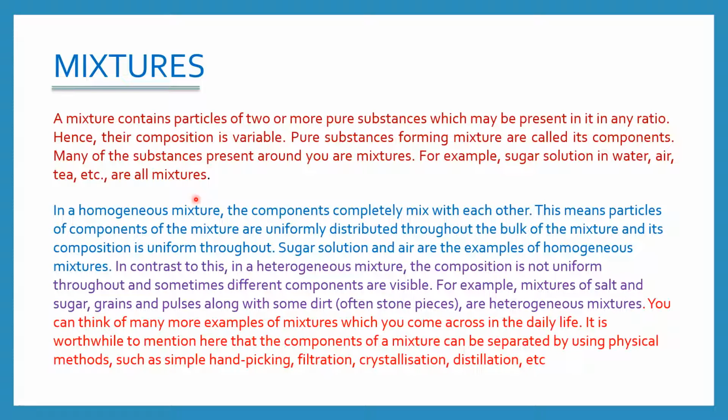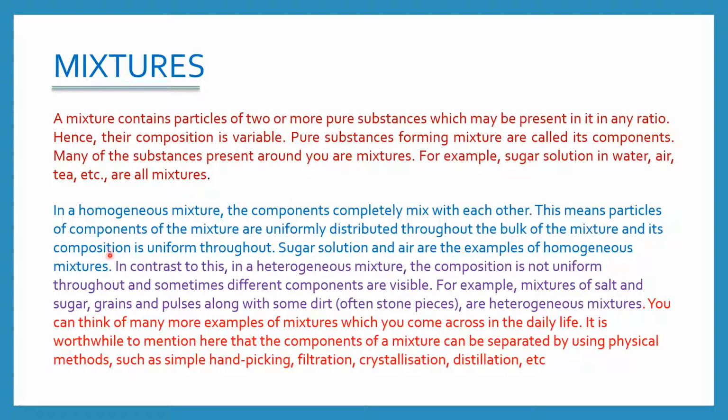Okay, so now we have seen in the previous slide that mixture is subdivided into two categories. One is homogeneous mixture and the second one is heterogeneous mixture. So now we will see homogeneous mixture. In a homogeneous mixture, the components are completely mixed with each other. तो homogeneous mixture में जो components मतलब जो pure substances से मिलकर जो mixture बनता है वो mix हो जाते हैं एक दूसरे में बिल्कुल पूरी तरह से.